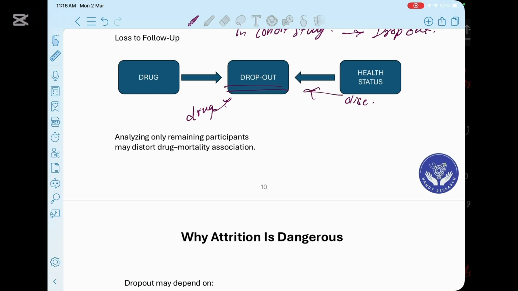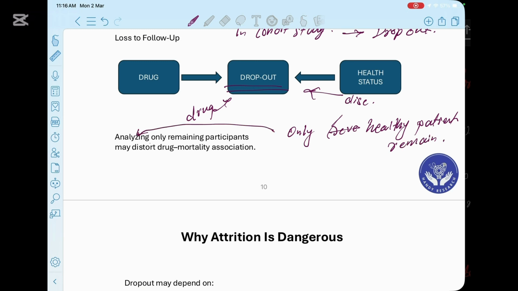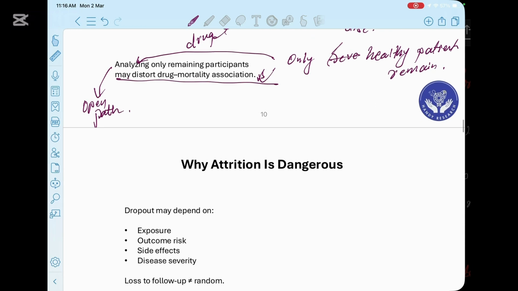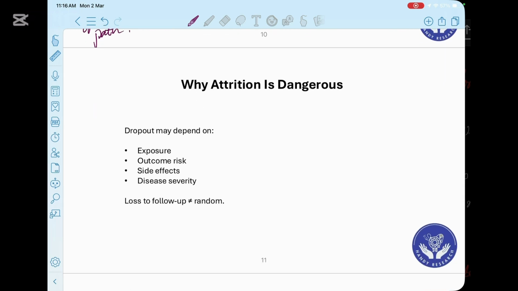Suppose dropout depends on side effects and health status, and sicker patients on the drug eventually drop out. So we only analyze the healthier patients that remain in the study, and we condition on remaining in the study. That opens the path, and the drug mortality association becomes distorted. This is attrition bias. So here is the key conclusion: loss to follow up is not just a smaller sample size, it is a comparability problem.